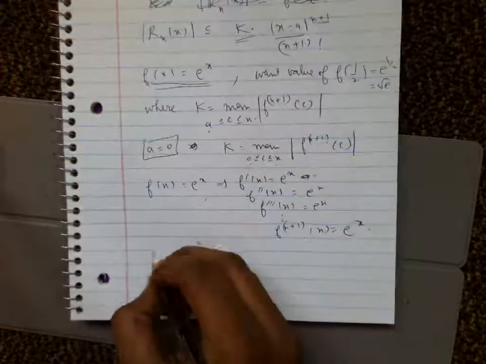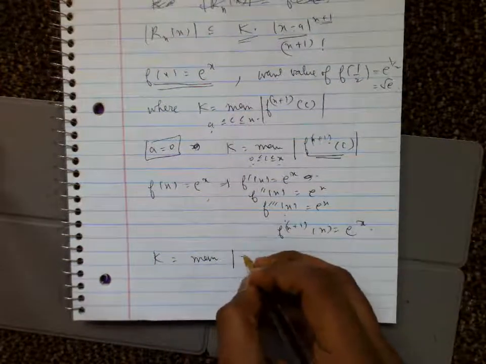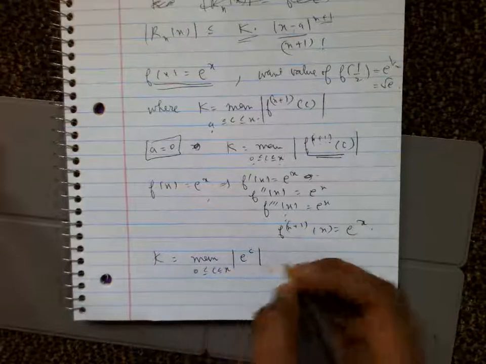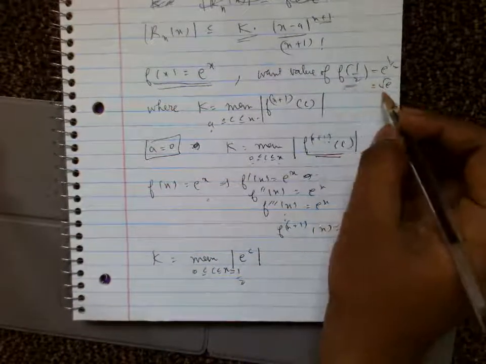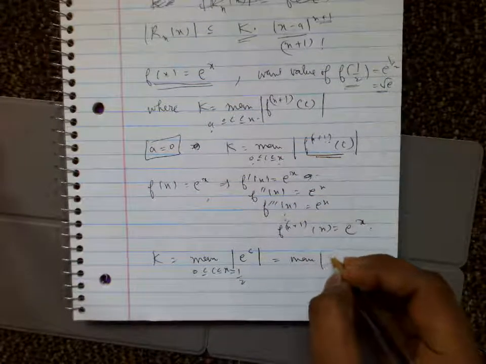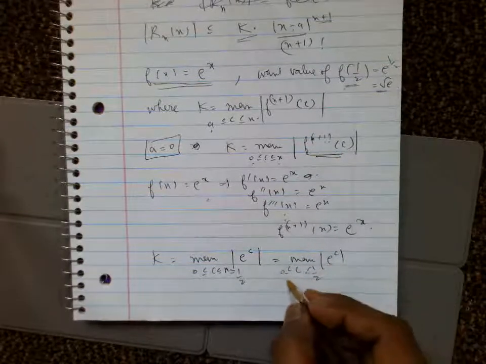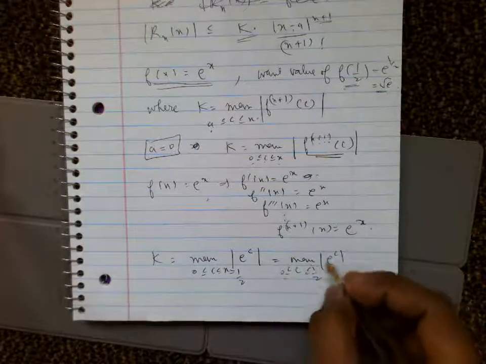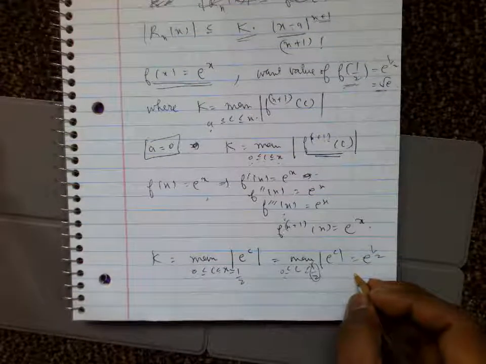So k is nothing but the maximum of e to the power c, where c lies between 0 and x, and x is equal to half here because we want to approximate the value of e to the power half. So this is just the maximum of e to the power c, c between 0 and half, and exponential is an increasing function. So this maximum value is just e to the power half.